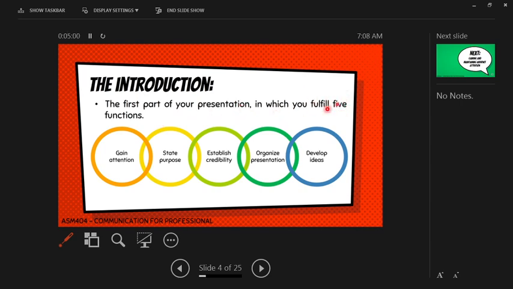Apa 5 fungsi itu? Yang pertama, gain attention. Number 2, state purpose. Number 3, establish credibility. Number 4, organize presentation. And number 5, develop ideas. Okay? Mari kita tengok satu persatu apa yang dimaksudkan dengan gain attention, state purpose, establish credibility, organize presentation, and develop ideas. Okay?